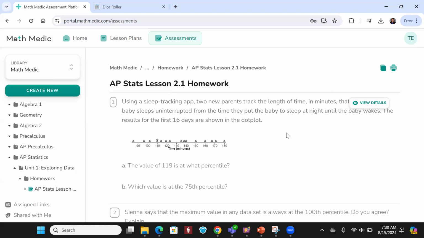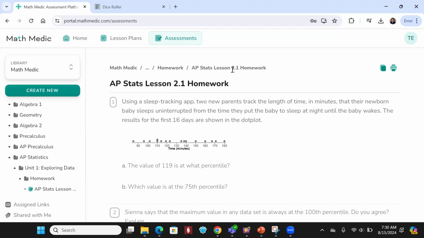Using a sleep tracking app, 2 parents track the length of time in minutes that their baby sleeps uninterrupted from the time that they put their baby to sleep at night until the baby awakes. The results for the first 16 days are as shown in the dot plot. The value of 119 is at what percentile? 44.